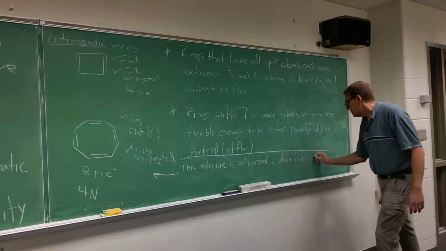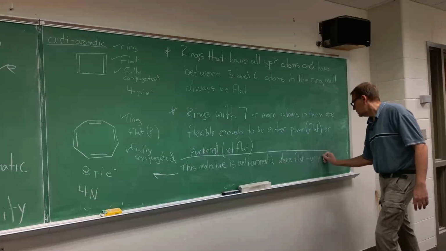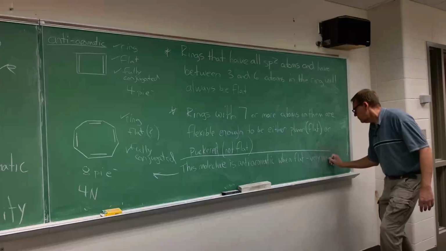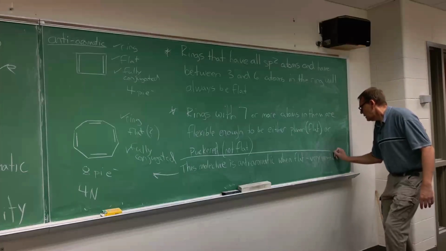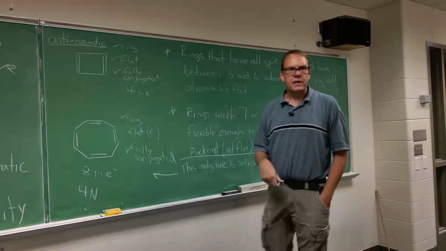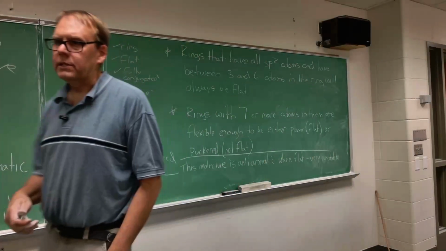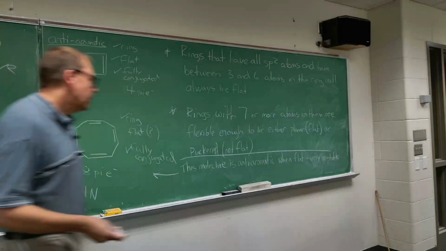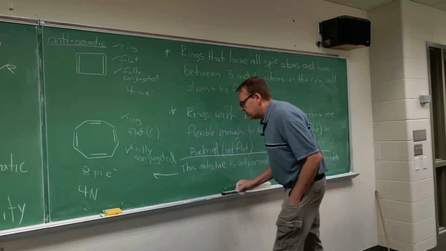Just a reminder, that's very unstable. This molecule hates to be flat. It does not like that conformation because it's terribly, terribly high in energy. So it will do what it can to avoid that. So what it does is it puckers.